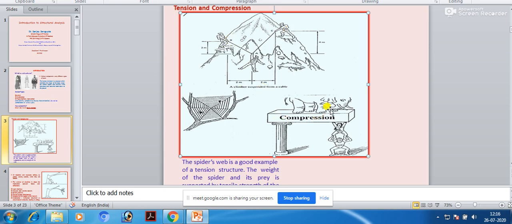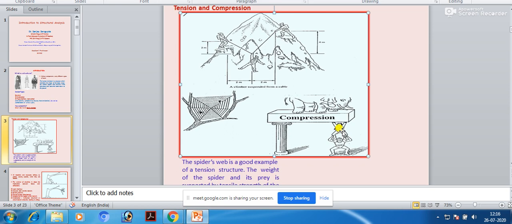Now go to this example. You may have noticed it in many cases in a circus. One elephant comes on top of something and two persons are holding it above. The load of the elephant will be giving a kind of compression. So compressive forces will be coming, and these compressive forces are being taken by this person and this girl.